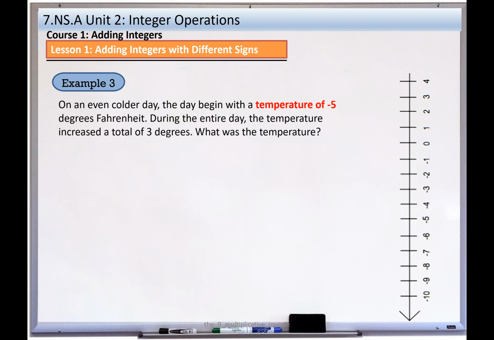And one more example. On an even colder day, the day began with a temperature of minus 5 degrees Fahrenheit. During the day, the temperature increased by only 3 degrees. What was the temperature?